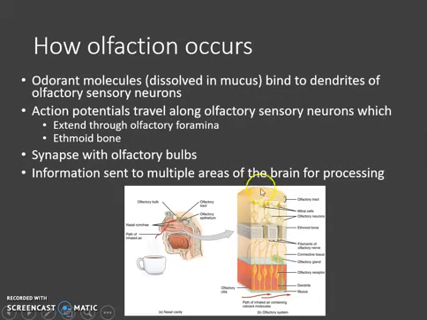And the olfactory bulbs were the little flappy things that were kind of on the front of the brain when we dissected the brain. Those sit right on top of the olfactory epithelium, so the information can get transferred there, and then from there that information is sent to different areas of the brain for processing.